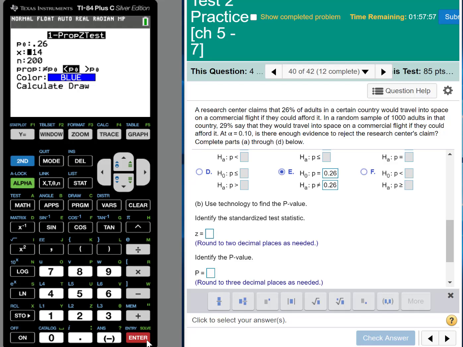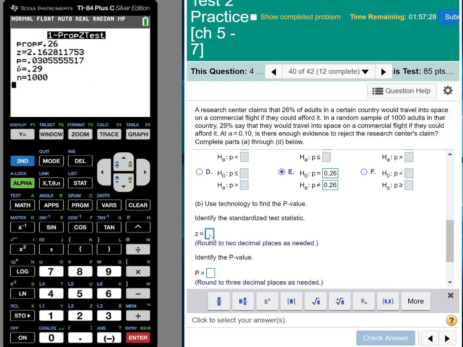So in order to find X, guys, you take the 29% and multiply by 1000, which is 0.29 times 1000. I got 290, and this is 1000. And the next one is not equal to, and we'll go to calculate. This is a two-tailed test.